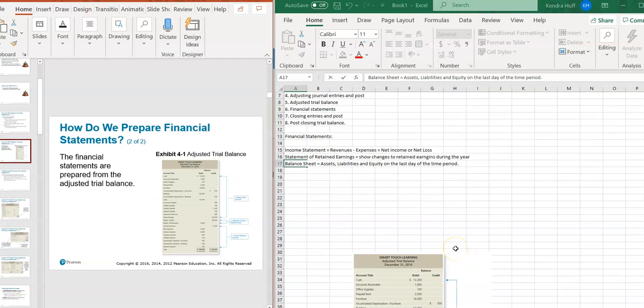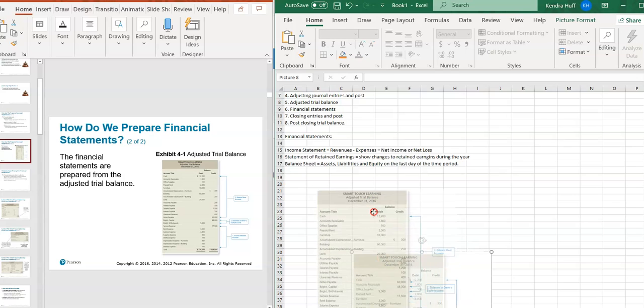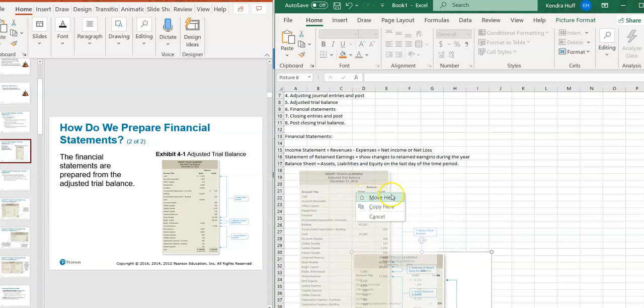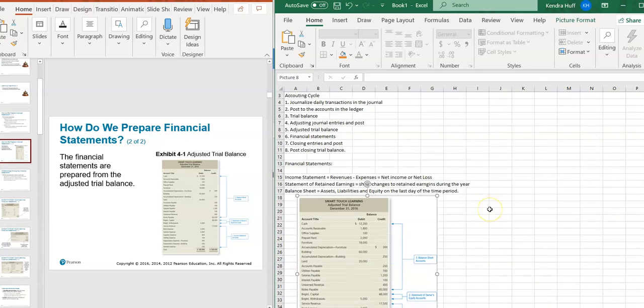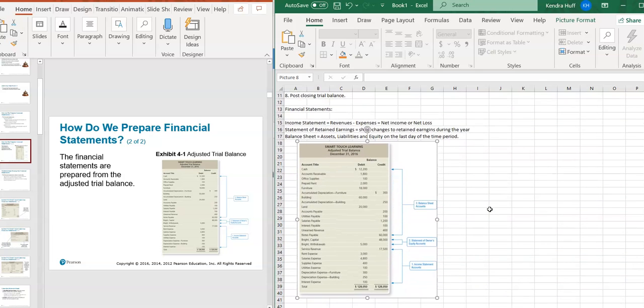Now, the trial balance is already set up to make this easy. I just copied this over so I can point to it. When you do your adjusted trial balance, you go through the general ledger, and everything in the ledger is in financial statement order already, starting with your assets. So these accounts are already grouped by how they go on the financial statements. Cash through notes payable, these all go on the balance sheet.